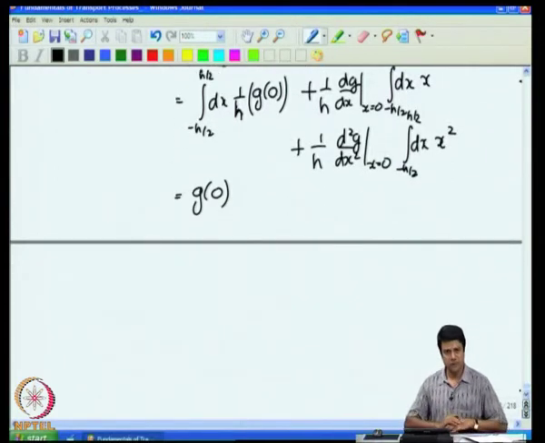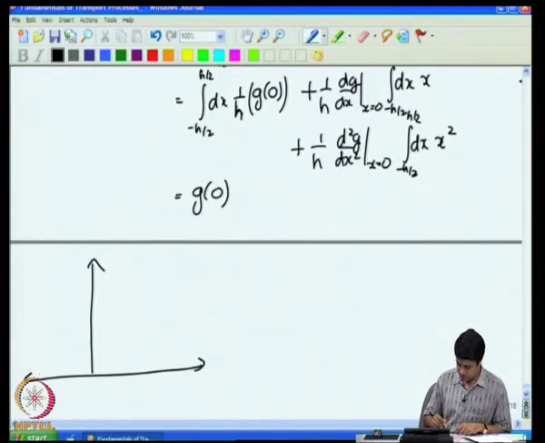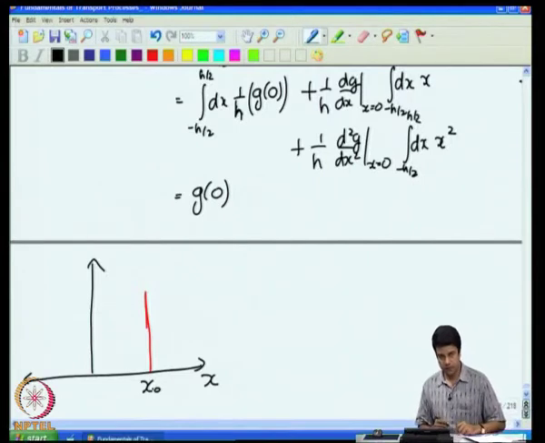So, this was when the delta function was at the origin. The delta function can be at any position. So, if there is a delta function at some position x 0, the delta function will be defined at the location x 0.